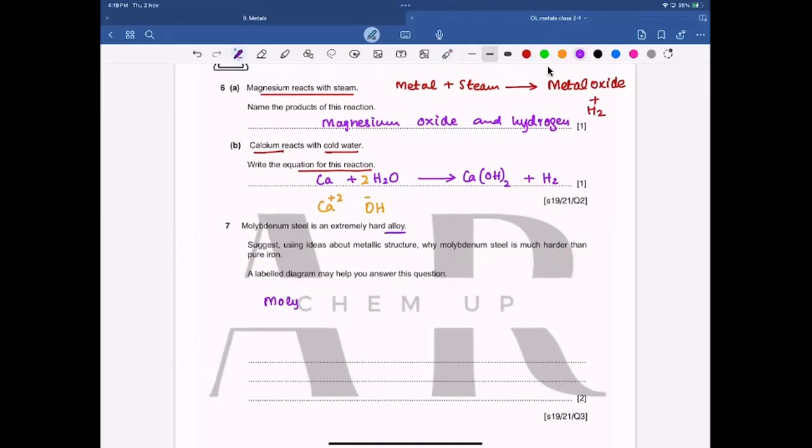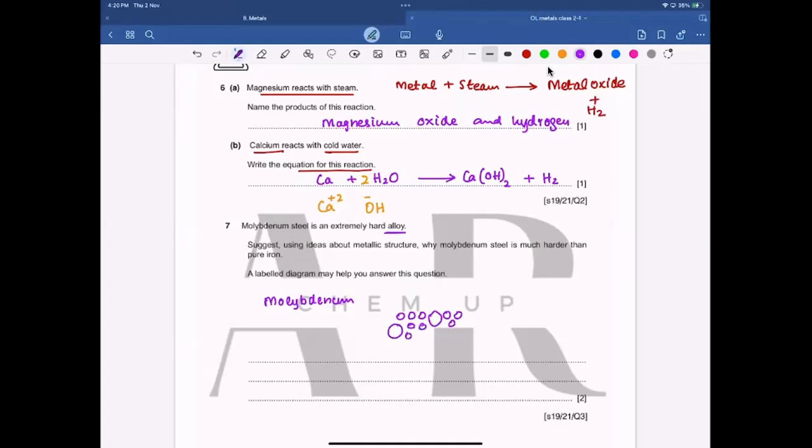Is an alloy. And what is alloy? It's a mixture of two or more metals. So it means if it's an alloy, there are different sizes of atoms in it.